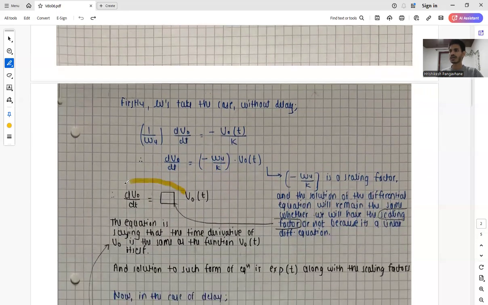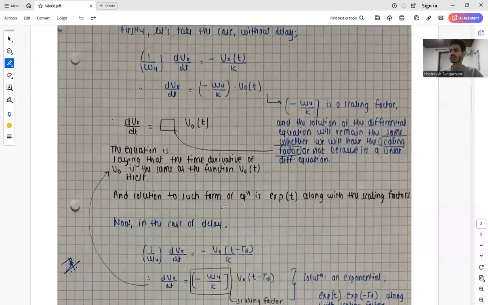Basically, the equation is saying that the time derivative of v naught is the same as a function of v naught itself, along with a scaling factor. The solution to such a form of equation, as we learned in our class 12th mathematics, is an exponential of t, along with our scaling factor parameters.